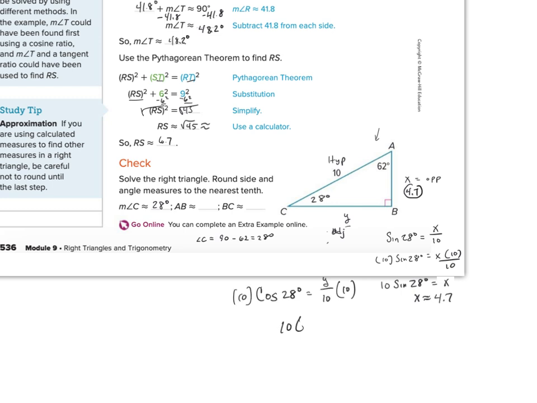So 10 cosine of 28 degrees is equal to y. That comes to approximately 8.8. So I didn't need to use the Pythagorean theorem once I found how to use trigonometry. So there you go. We have approximately 4.7 and 8.8.